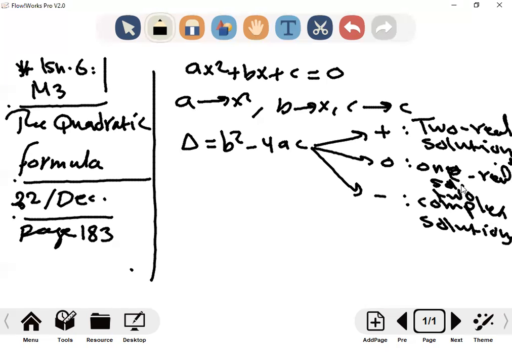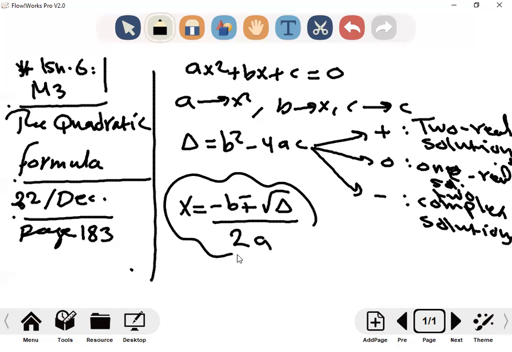Okay? Done. Now, after you calculate delta, you can find the values of x, the solutions of the equations, and we call them the roots. We can call them solutions of the equations or roots. So x equals minus b plus or minus square root of delta over 2a.